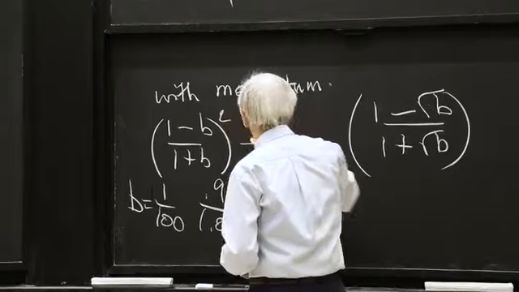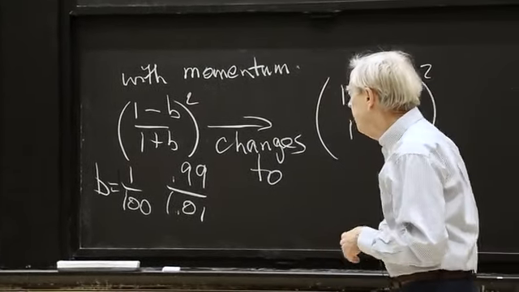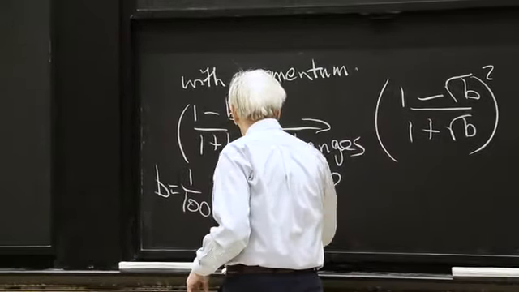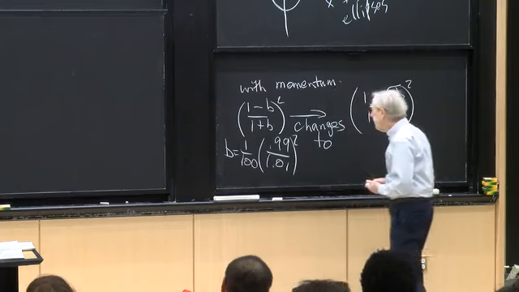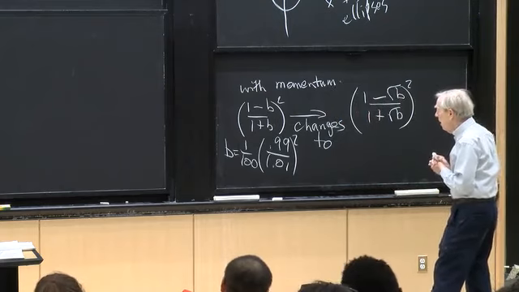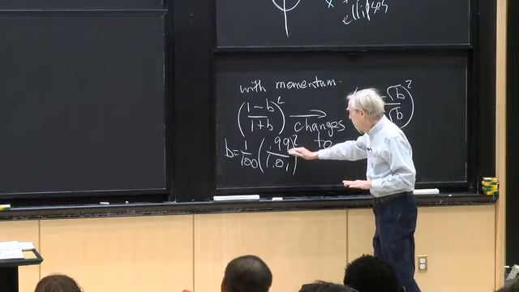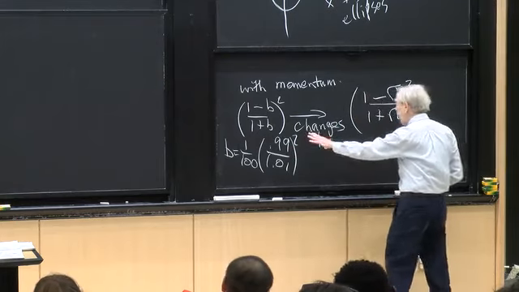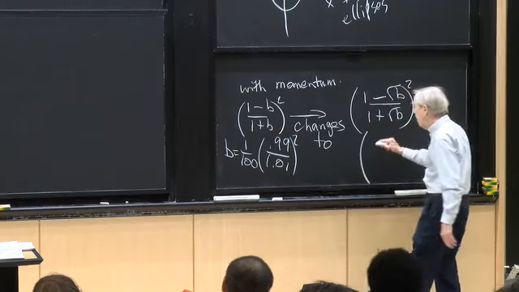So I'll just keep the square there. No big change, but I'm looking now at the square. So that's close to 1, and now let's compare that with what we have.